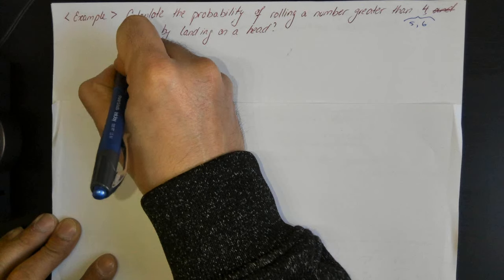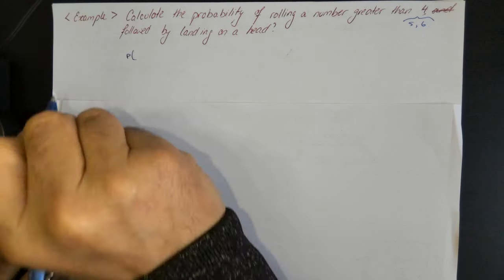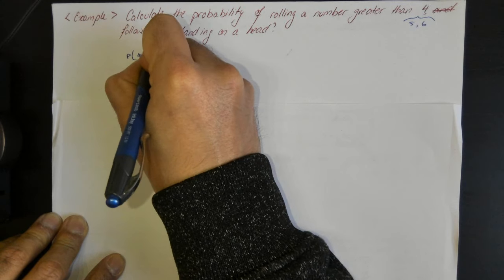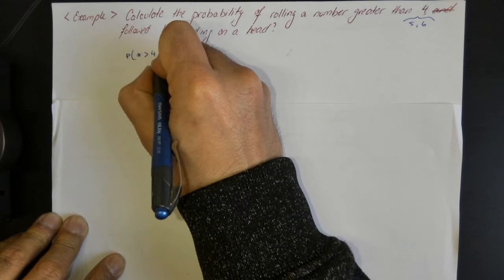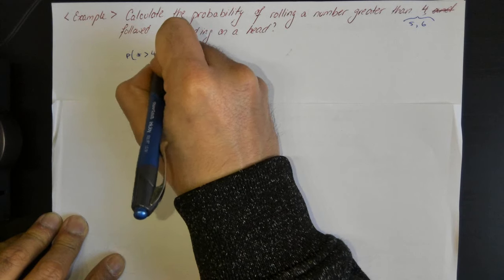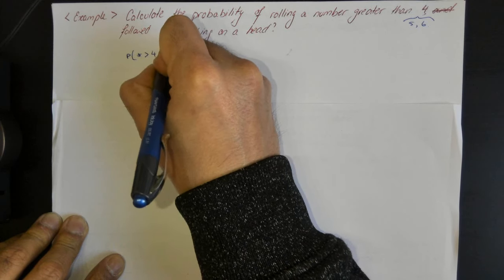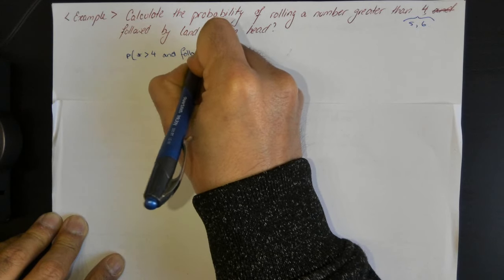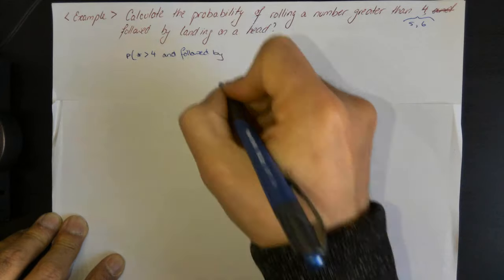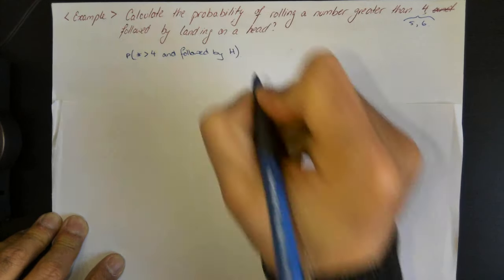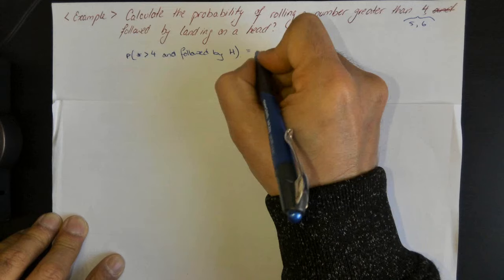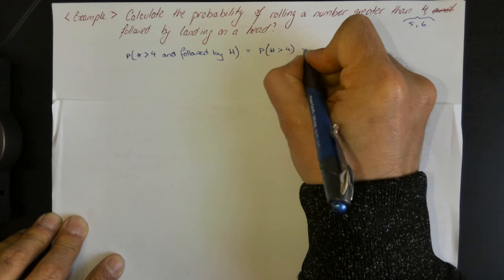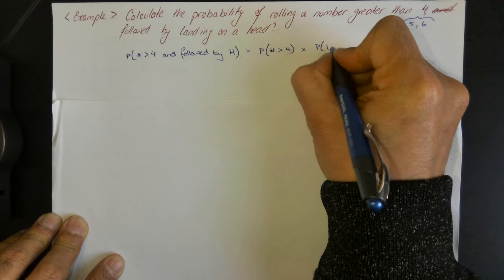So the probability of a number greater than 4 followed by a head is the probability of a number greater than 4 multiplied by the probability of landing on a head.